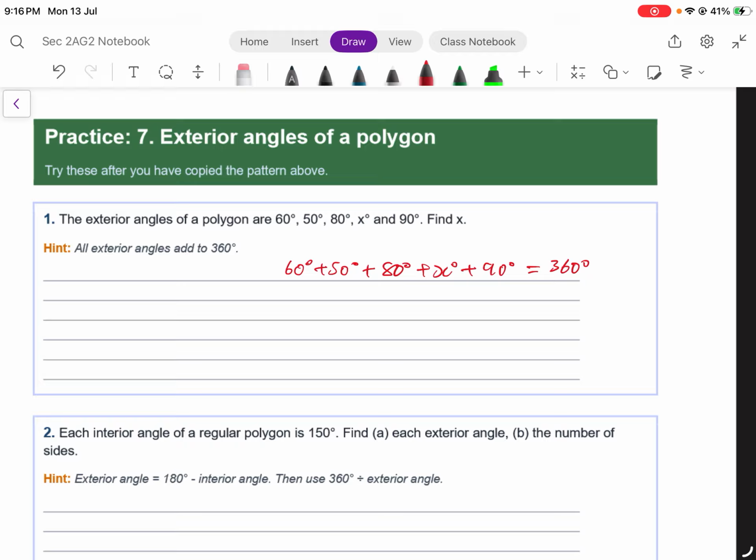Add together 60 plus 90, 150. 150 plus 50 is 200, plus 80 is 280. 280 plus x equals 360, so x equals 360 minus 280, which is 80. So x equals 80.